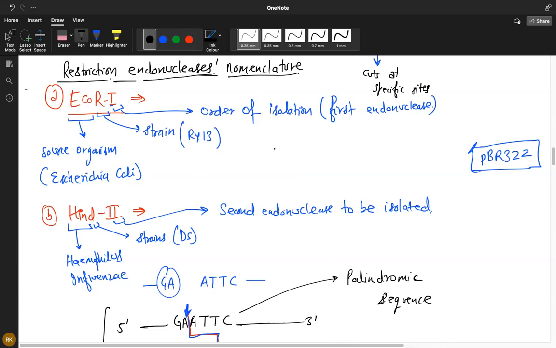The rules were that the first 3 letters are the source organism, and the 4th letter would be the strain, and the number is the order of isolation.